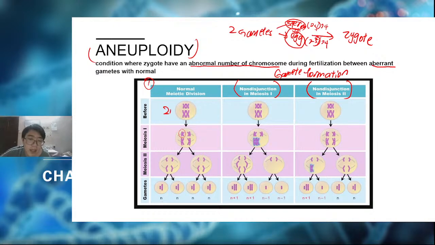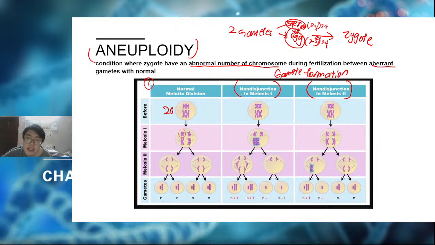So this is 2N, and each gamete you produce has N, a haploid gamete. Before that it is diploid, right? So at the end you form haploid gametes. This is the normal condition.